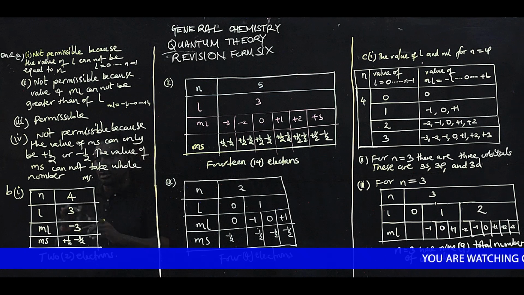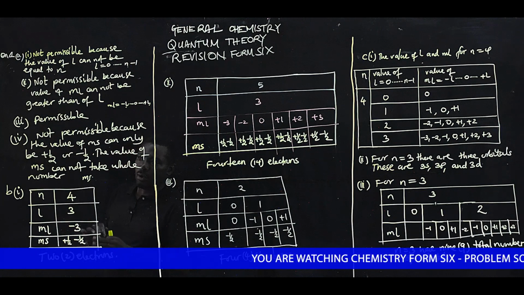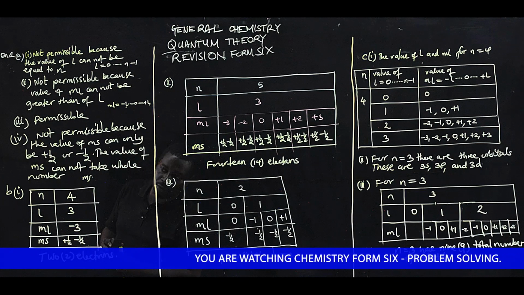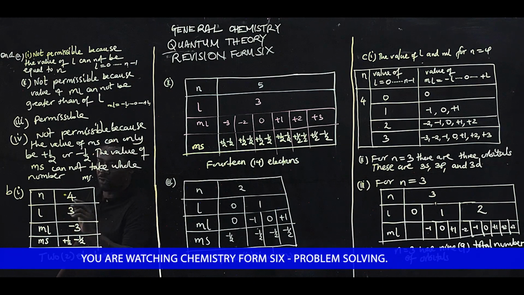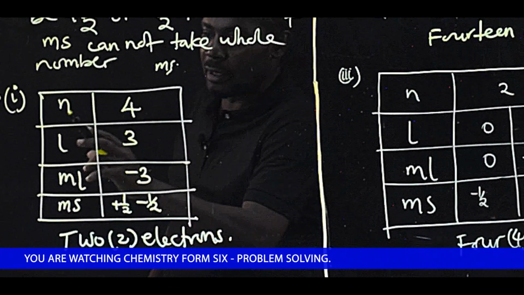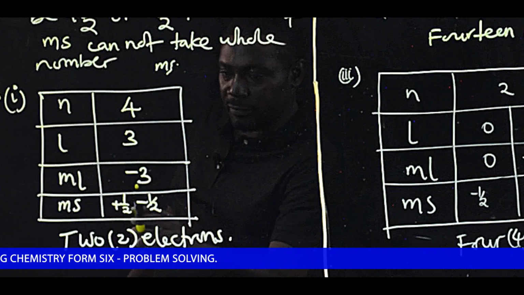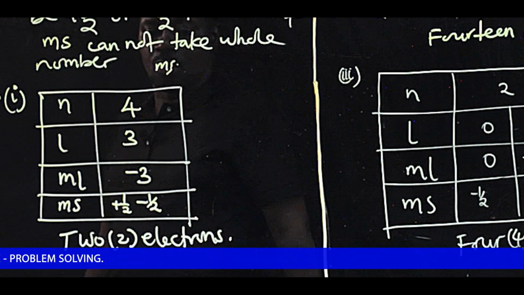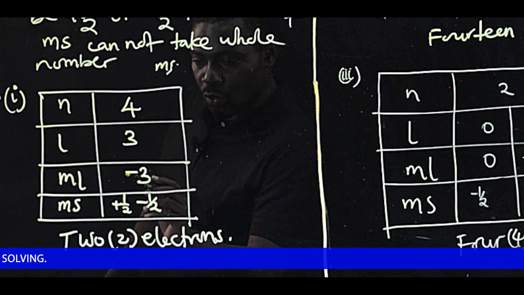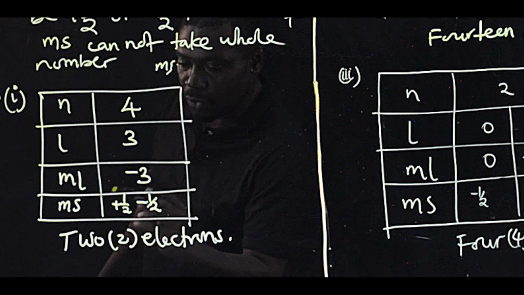In order to know the total number of electrons present in a given set of quantum numbers, you are supposed to use knowledge of quantum numbers. For n is equal to 4, l given is equal to 3, and ml given is equal to negative 3. So ml specifies 1 orbital, and this 1 orbital has 2 electrons.